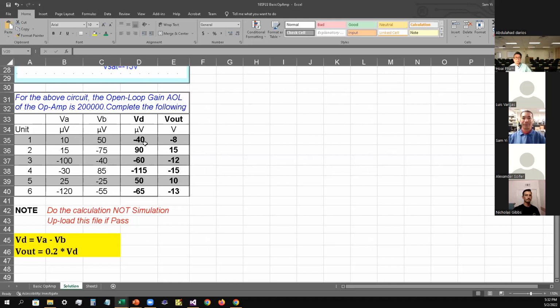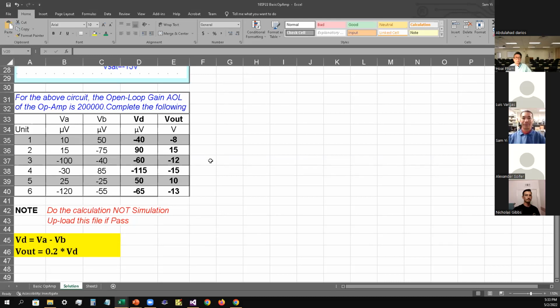Okay. Yeah, so I see where the two differences are between my results and yours. The first one is on number 2. I have 90 microvolts for the VD, and then V out of 18.